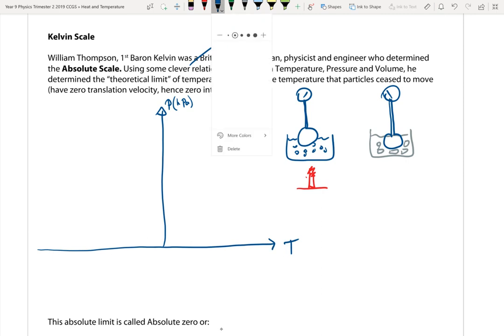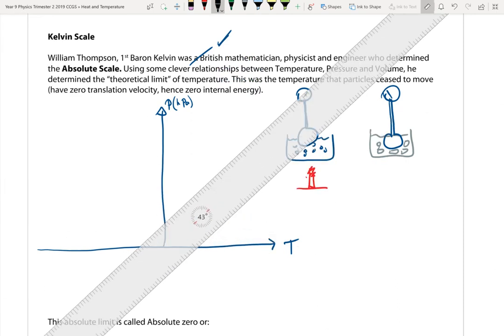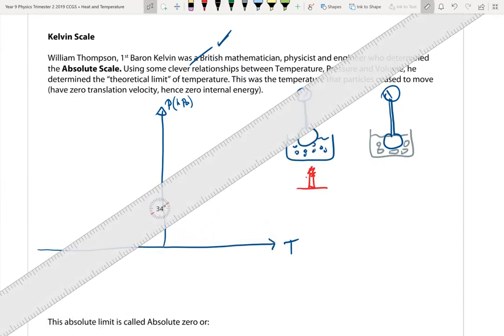Now what he did is he got his volume and he placed it in various temperatures. He could put it in an oven. He could put it in boiling water. He could put it in room temperature water. Maybe get some ice, put it in some ice water. And what he discovered is that all of these dots, now I'm going to cheat, you can cheat as well if you want to, put your ruler.